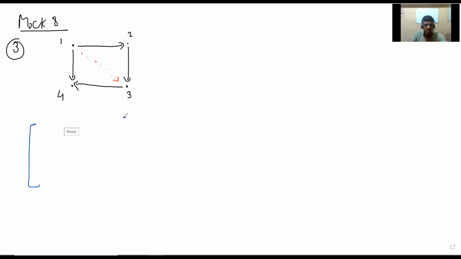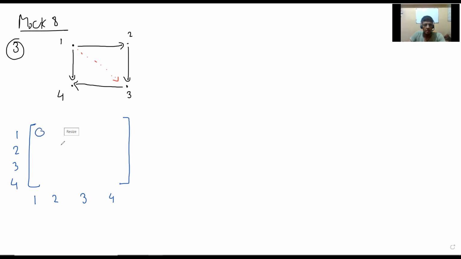And this is a matrix, and the rows and the columns are indexed by the vertices. So 1, 2, 3, and 4. And at the ijth entry, we are just recording if there is an edge from i to j or not. That's all, right? So 1, 1 obviously is 0.